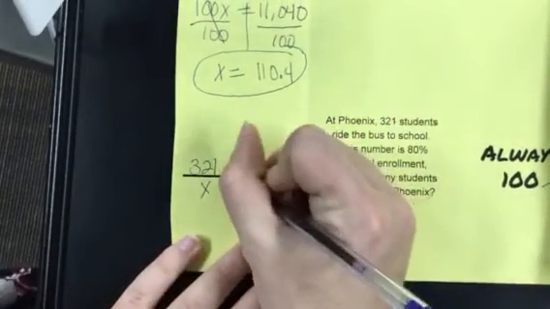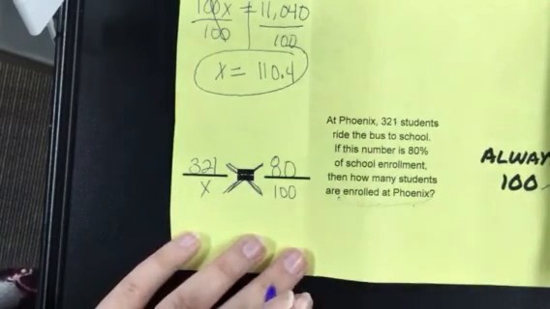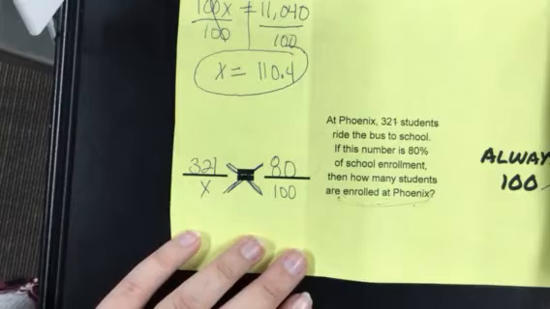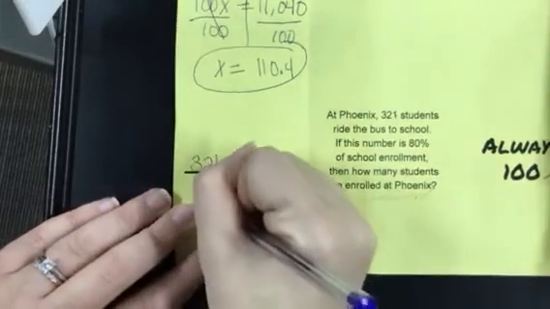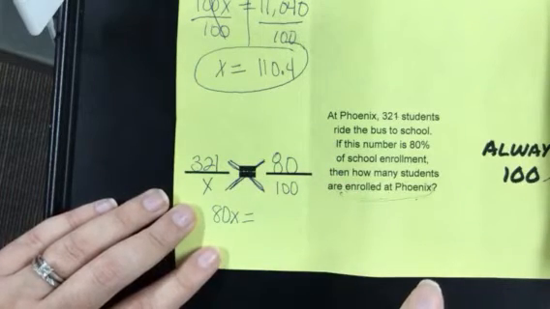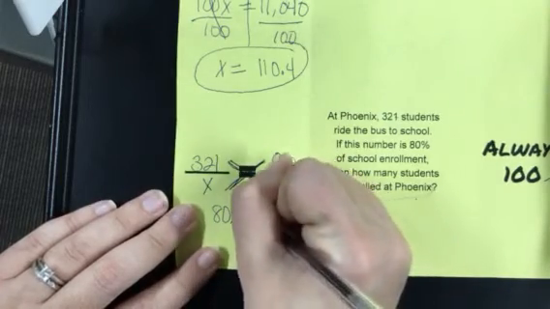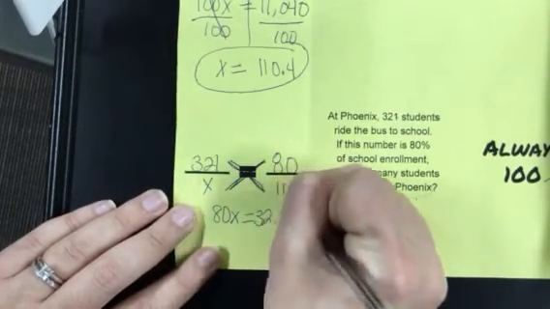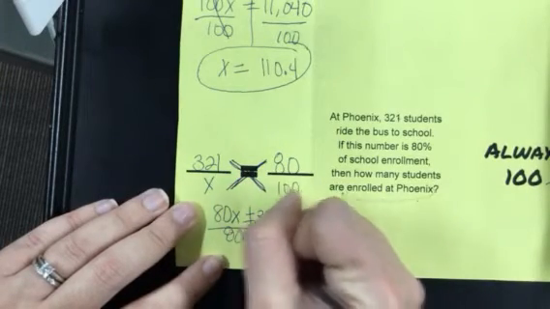Okay, we're going to cross multiply. What should my equation look like? 80x is equal to 32,100. And then I'm going to solve. Many of you are already done solving.